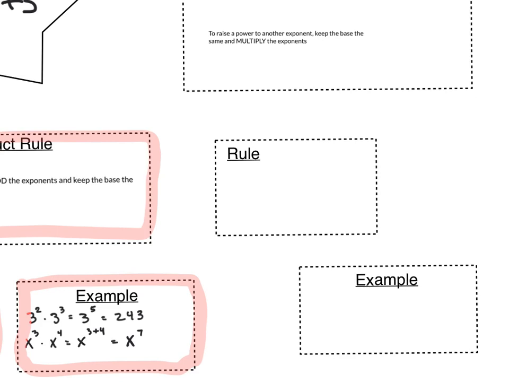So that rule would look something along the lines of a raised to the b, raised to the c, is going to be a raised to the b times c, or simply a to the bc.